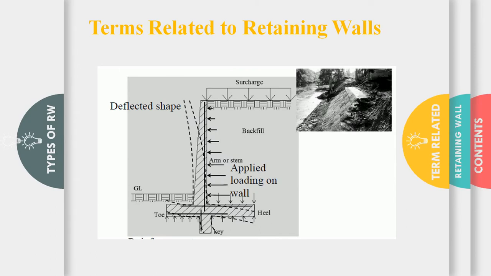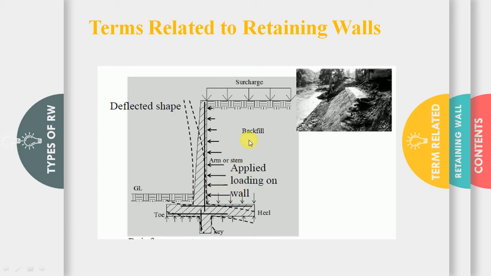The terms which are related to retaining walls. Here you can see the earth pressure from the backfill which is acting horizontally on the retaining wall, some reactive forces which are acting upward, and some forces which are acting downward, which are called gravity force.